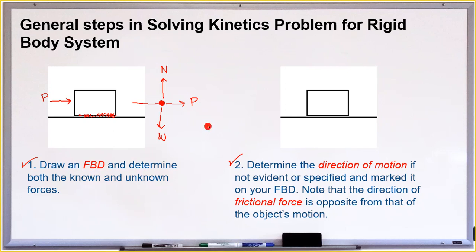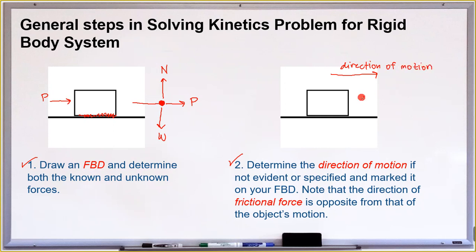So if it is negative, then your assumption is opposite to the true direction of motion. Here, let's say for example, this block will move towards the right. So you should indicate that this is the direction of motion.